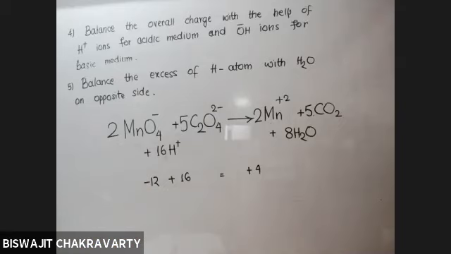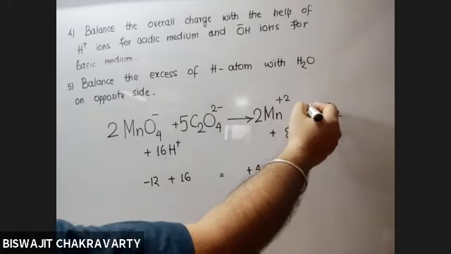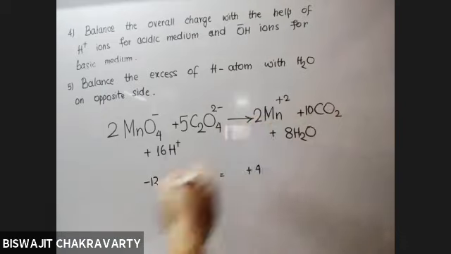Where have we gone wrong? CO2. It will be 10 CO2. It's not 5, it is 10, because after cross multiplication it becomes 10 CO2, isn't it? Correct it. CO2 will be 10.